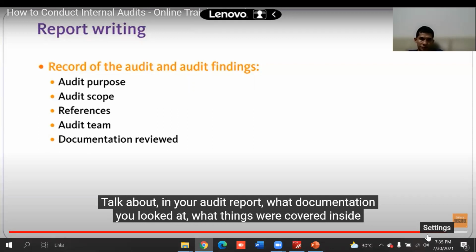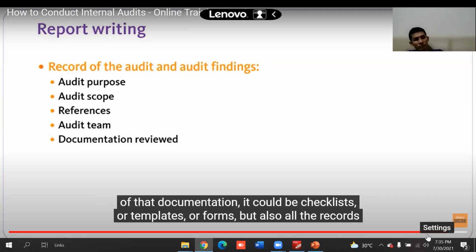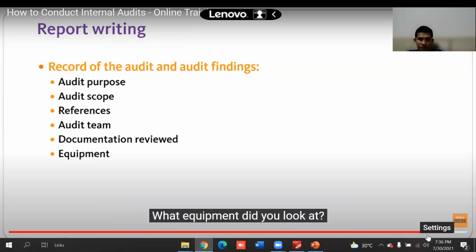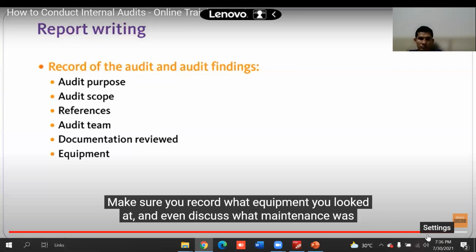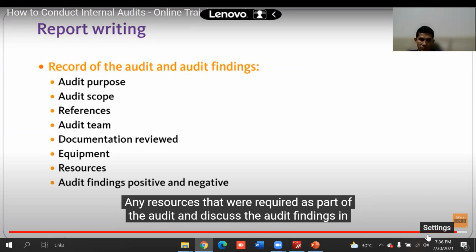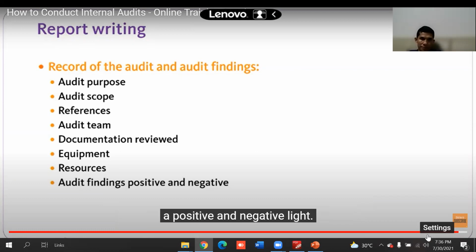Talk about in your audit report what documentation you looked at, what things were covered inside of that documentation. It could be checklists or templates or forms, but also all the records that you looked at and the policies and the procedures. What equipment did you look at? Make sure you record what equipment you looked at, and even discuss what maintenance was done on that, any resources that were required as part of the audit, and discuss the audit findings in a positive and negative light.